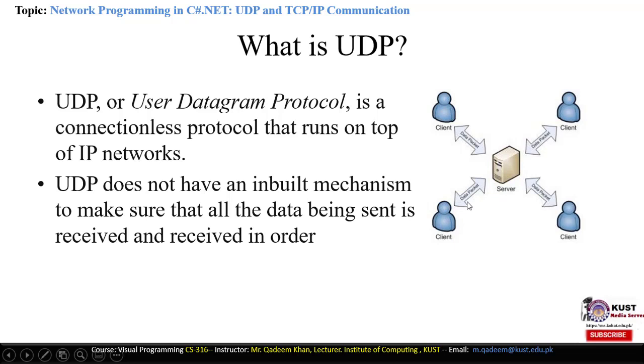But UDP has no inbuilt mechanism to make sure that all data will be sent to the receiver and that the data will be received in a certain order. Sometimes all the data is received or only partial data is received here. That's why UDP is a connectionless protocol.